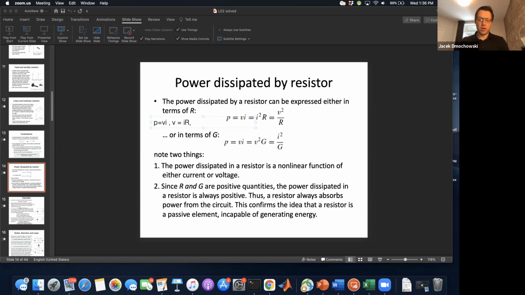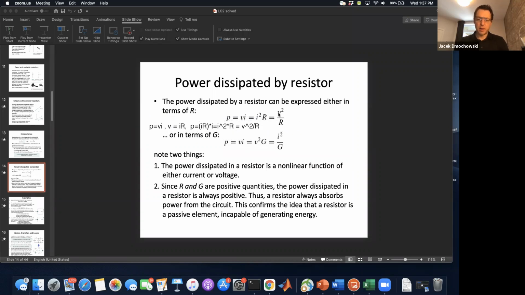If you substitute this equation into the power equation, you get P is equal to IR times I, which is I squared times R. And that is also equal to V squared over R.